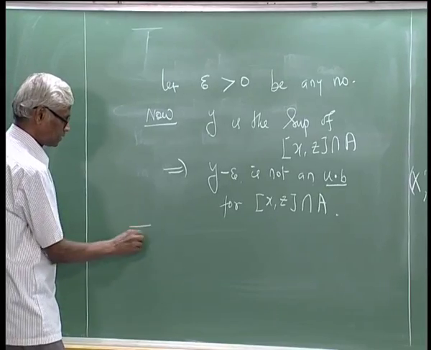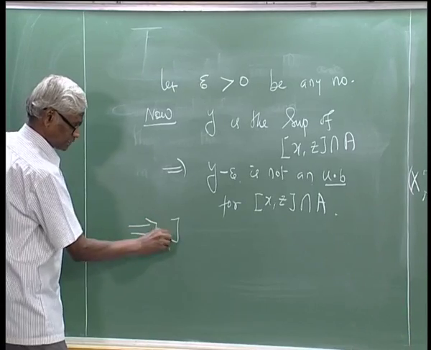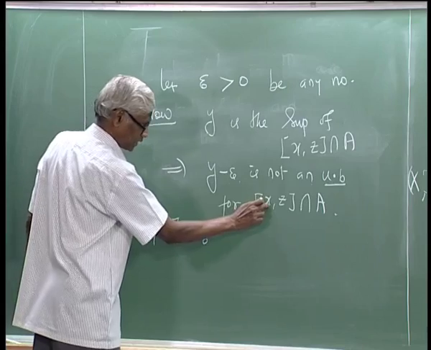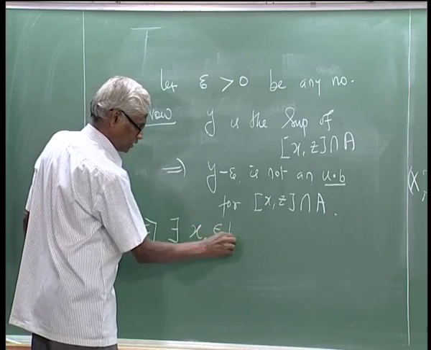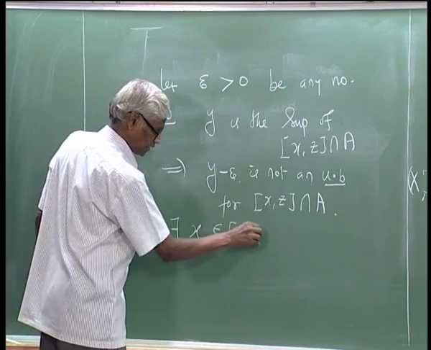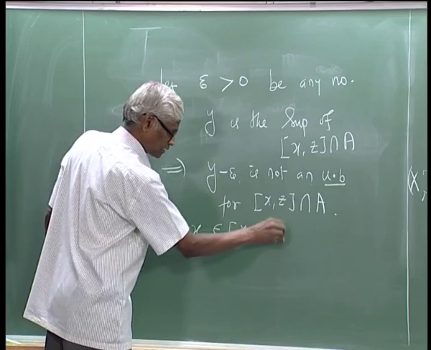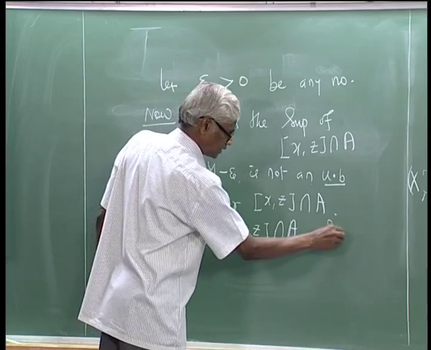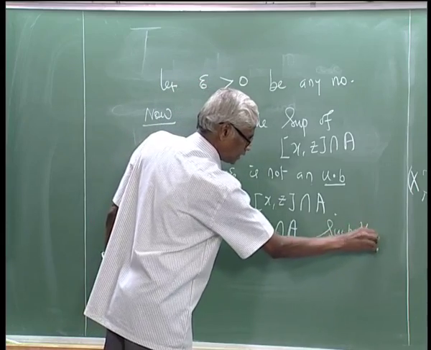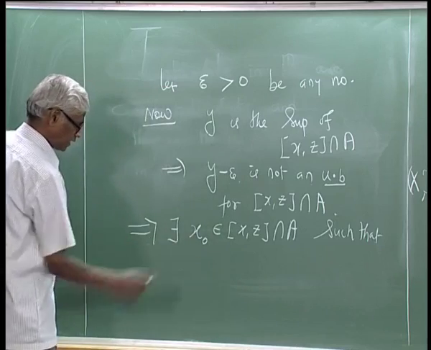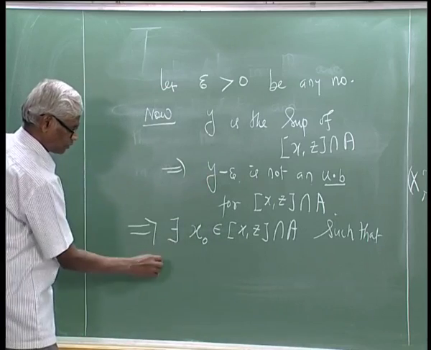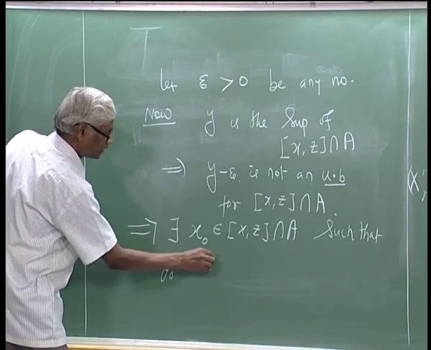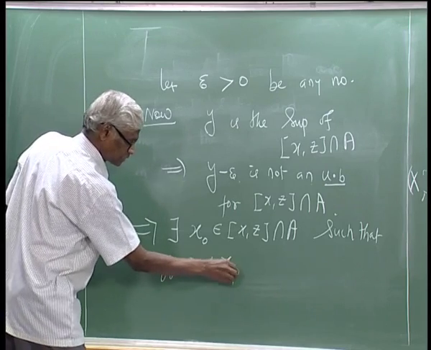Hence, this implies there exists at least one element, say x naught, in [x, z] intersection A such that y minus epsilon is less than x naught.